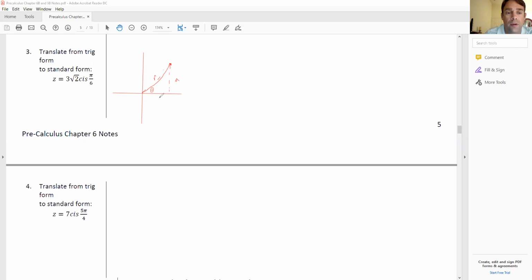So A and B would be located on the triangle. I drew A and B in the wrong spot. That's embarrassing. There we go. A is equal to R cosine of theta, and B would be equal to R sine theta.